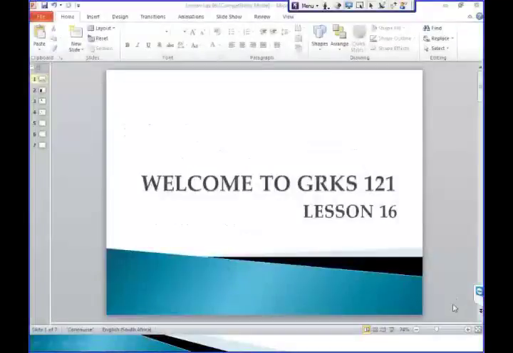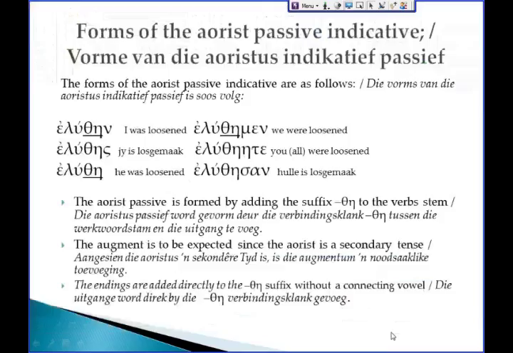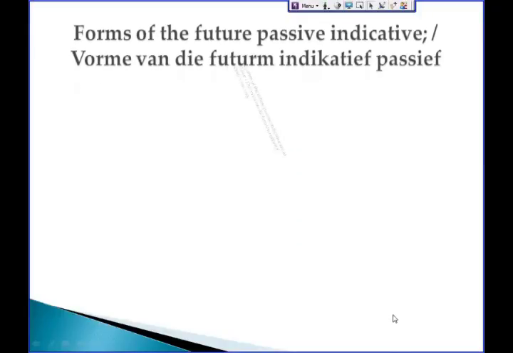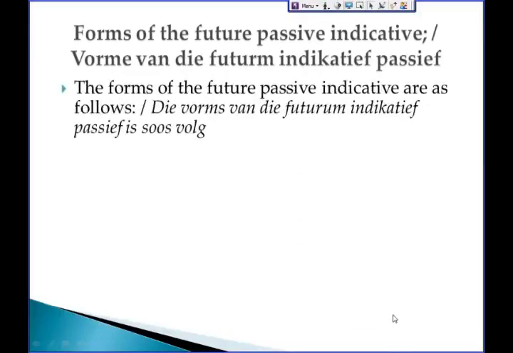Okay, now how do we form the future passive? The forms of the future passive indicative are as follows. And my question will be, why are we introducing it so late and together with the aorist passive?